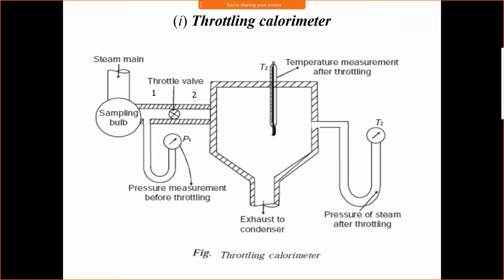We know that if the water is saturated water or subcooled water, its dryness fraction is zero. Dryness fraction means how much it is dry. Wet steam is a mixture of water and vapor.